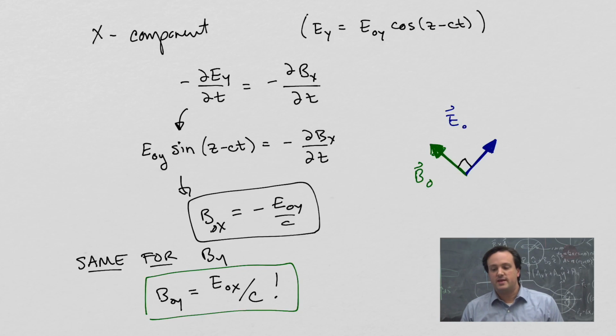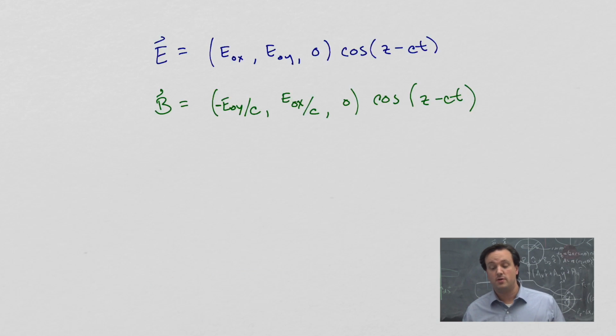And when I write them out, I can see this a little more explicitly. The x component of E is the y component of B, and the y component of E is minus the x component of B. I always have that perpendicular relationship between the polarization vector for E and the polarization vector for B.